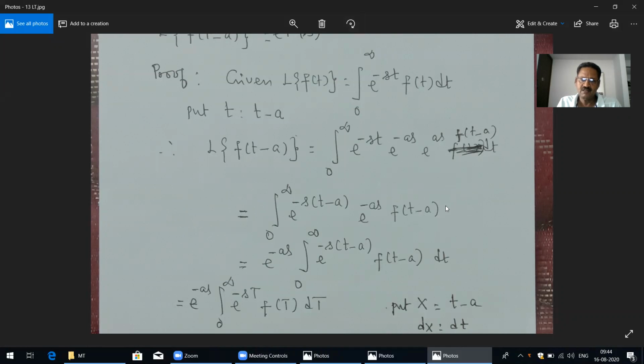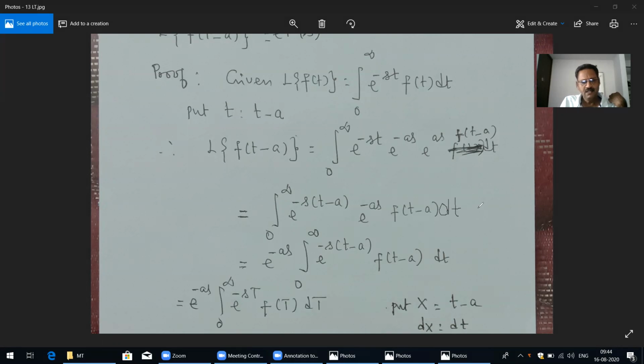This term, dt, is missing here. Therefore you write e power minus as, which is a constant, so take it outside: e power minus as, integral from 0 to infinity of e power minus s of t minus a into f of t minus a into dt.